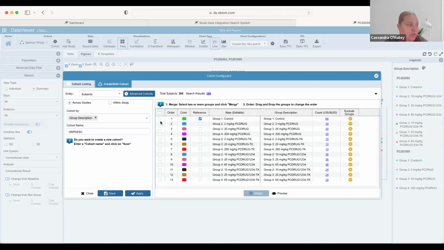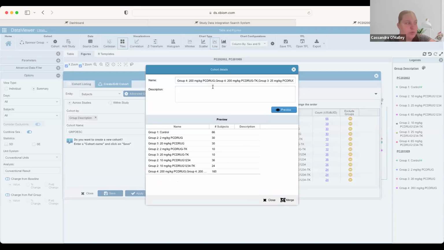I'm going to choose, the control is going to stay as is, but I would like to choose that the 200 milligram per kilogram and the 25 and 65, I'm going to make them their own group.